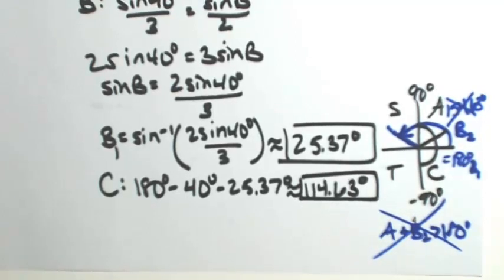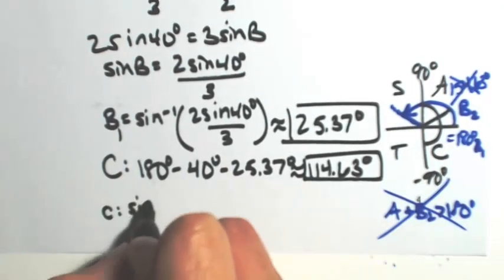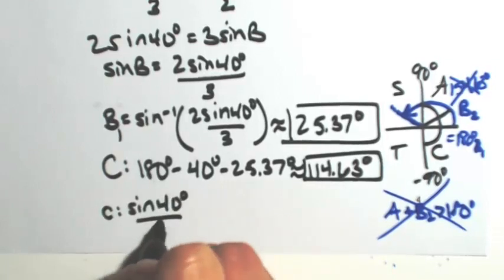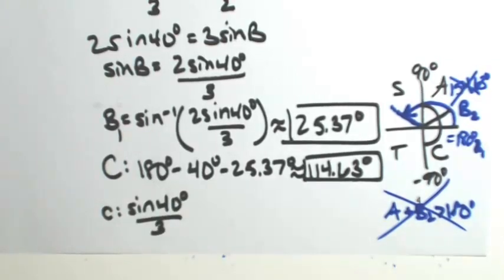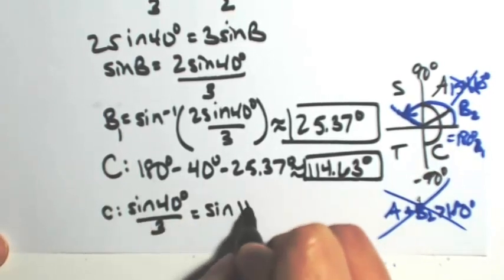So all that's left to do is find side C. Once again, using the given ratio involving angle A and side A, I can now find this as the sine of angle C that I just found a second ago.